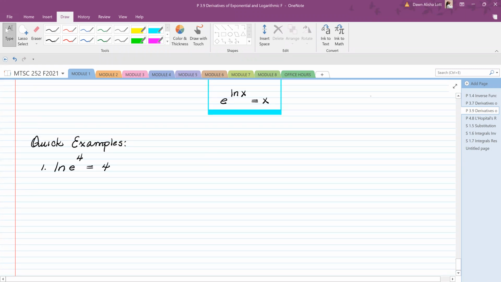Number 2, the log of e to the 1/2 is simply 1/2.